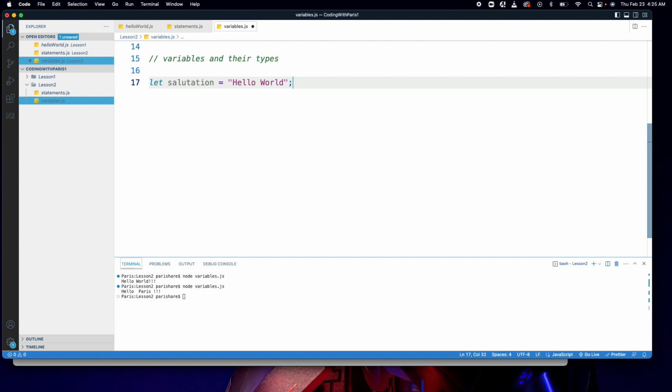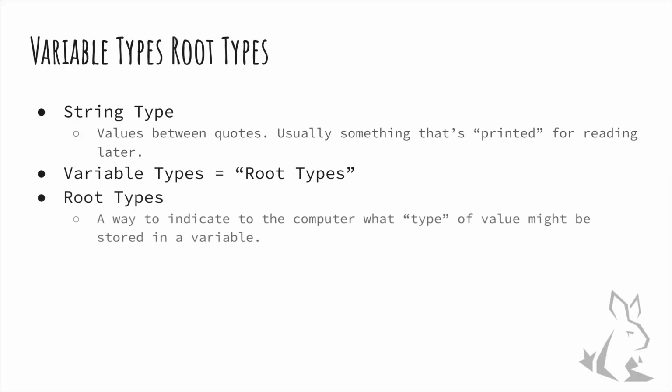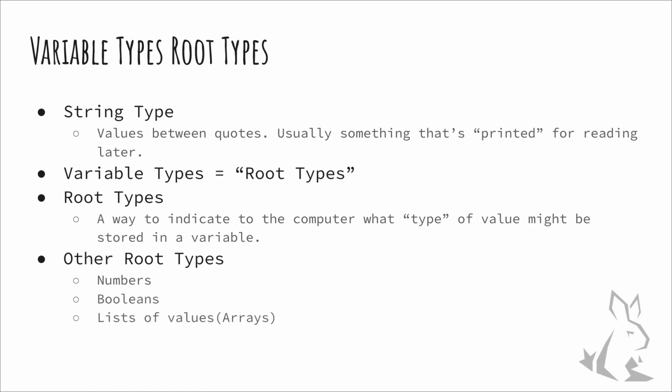You would actually have to have a backpack or a bag with a laptop sleeve in it. And that's how computer languages use types. They actually have to change the way they store things depending on what you're trying to store. Now, what types of things would you try to store in a variable besides strings here? Well, other things you can try to store are numbers, booleans, and list of values such as arrays. And we'll talk about each one of those.